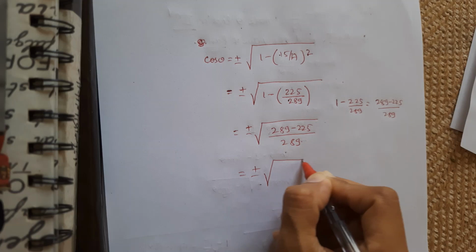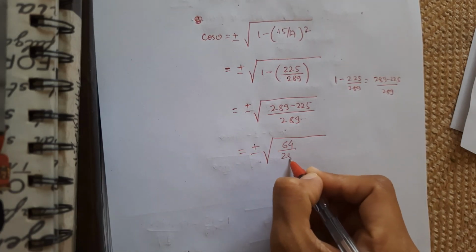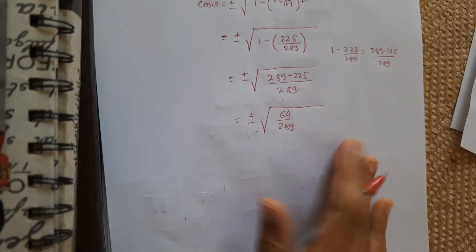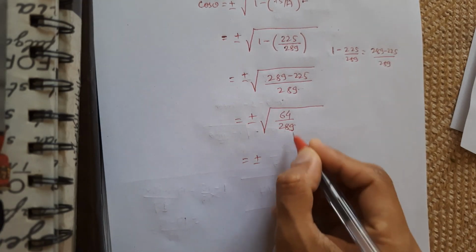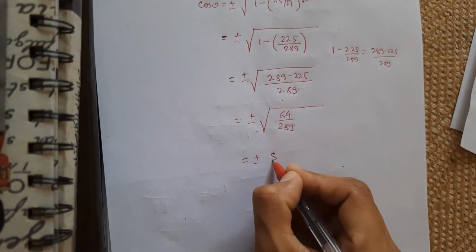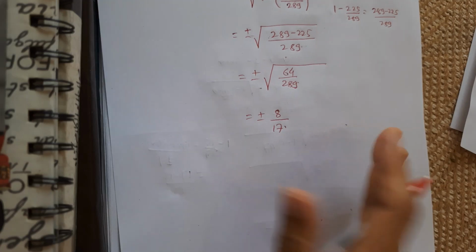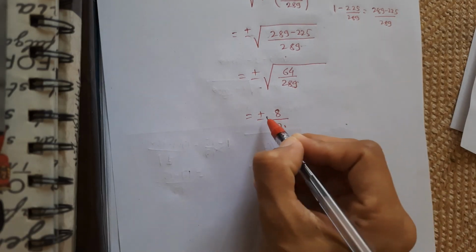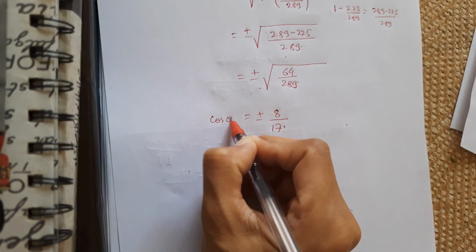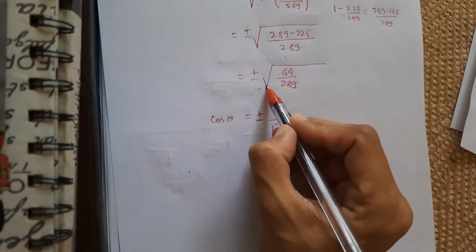Just do the calculations and we will get 64 upon 289. So plus and minus, the square root of 64 is 8, and of 289 is 17, so 8 by 17. Now the confusion is what value of cos theta should I take?